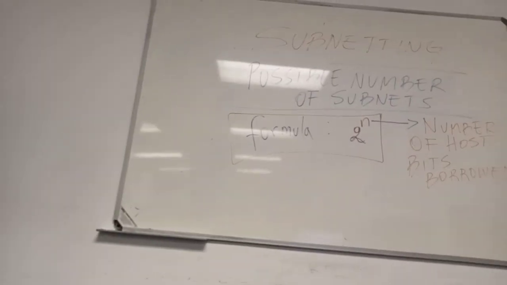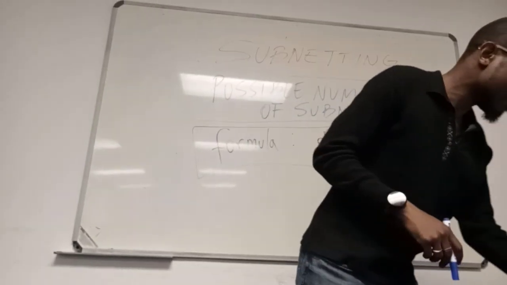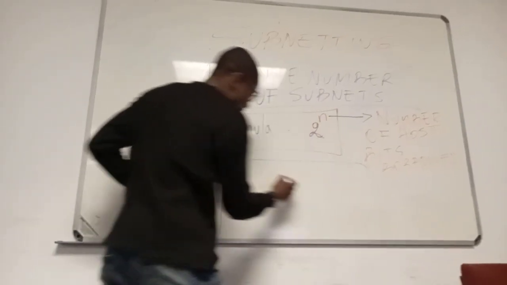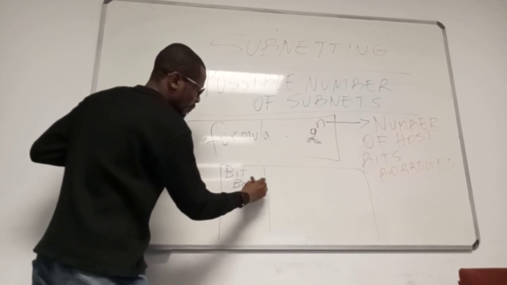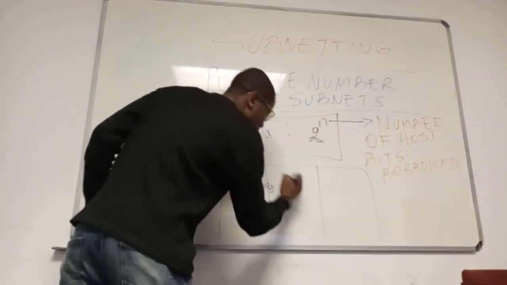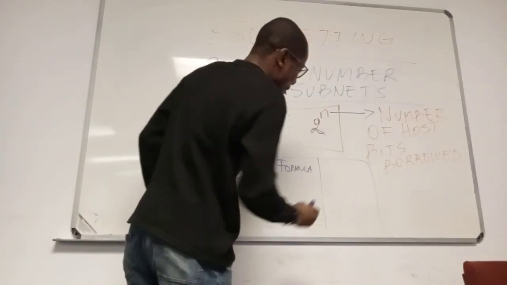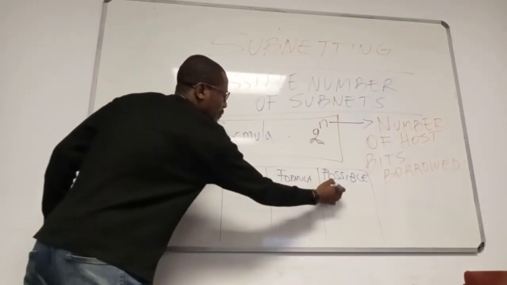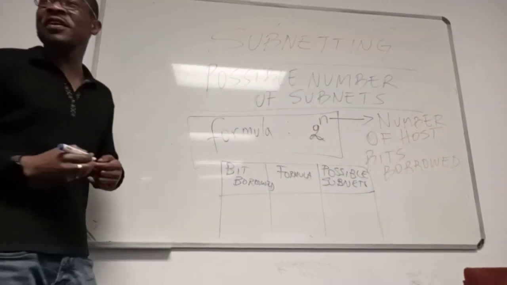Now we're going to have a table that will allow us to do so. One column, bits borrowed. The second column, the formula that we're going to use, and the third, possible subnets.